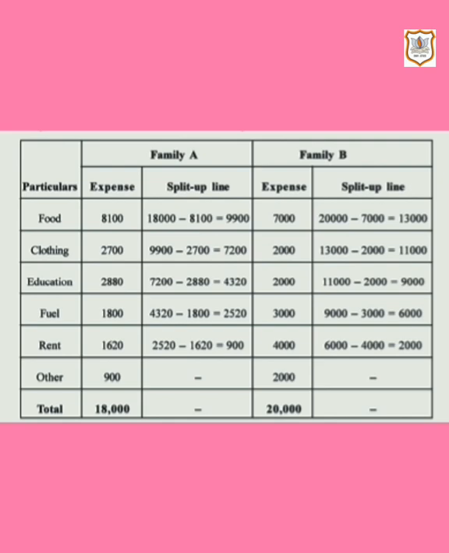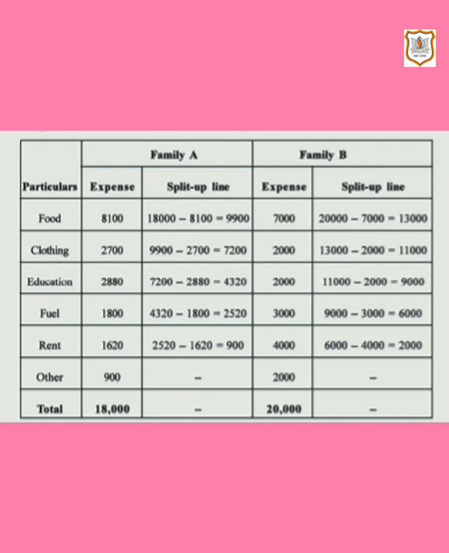That number we are going to take, and 9900 minus the immediate next expense, that is clothing expense, 2700, equals 7200. The next step, 7200 minus education's expense, 2880, gives you 4320. In the next step, 4320 minus 1800, that is fuel's expense, gives you 2520.